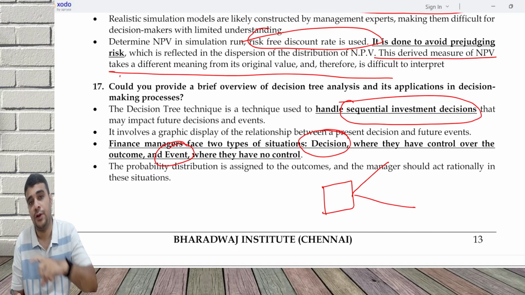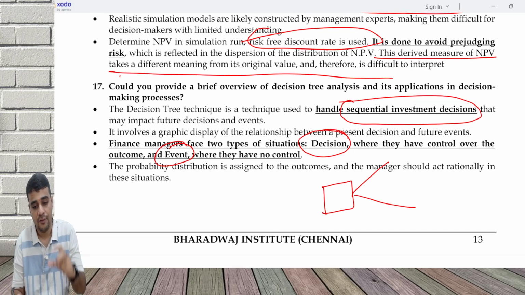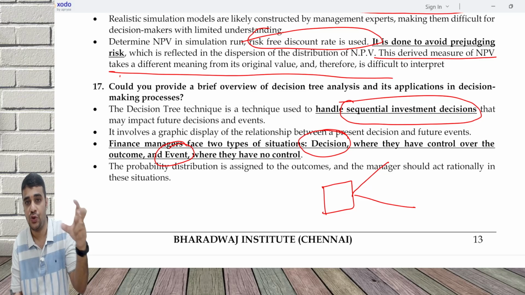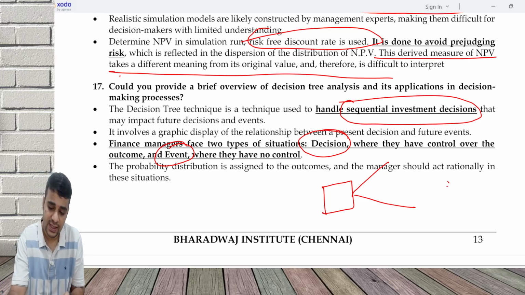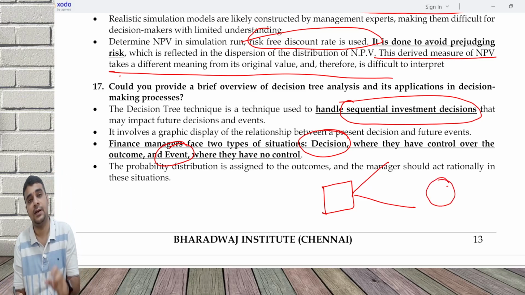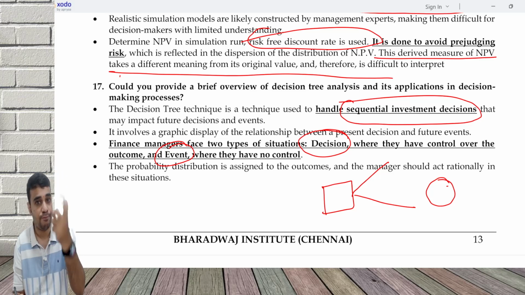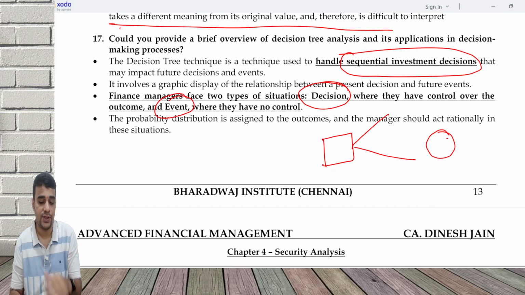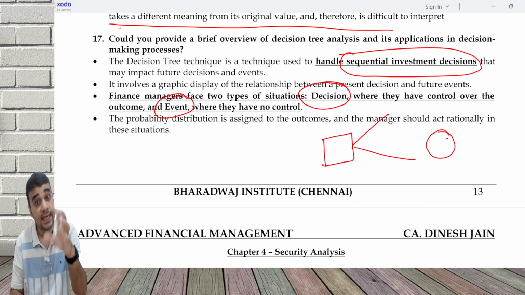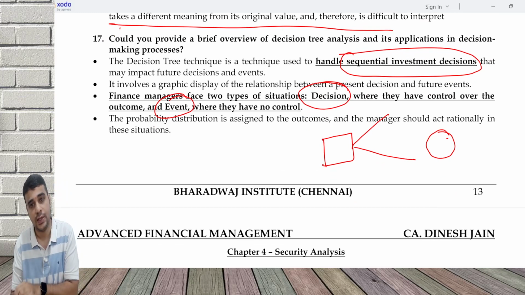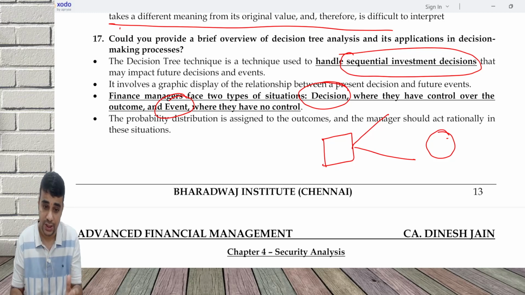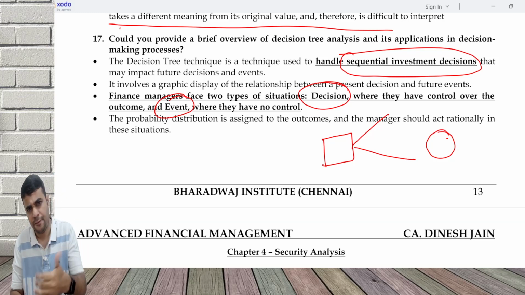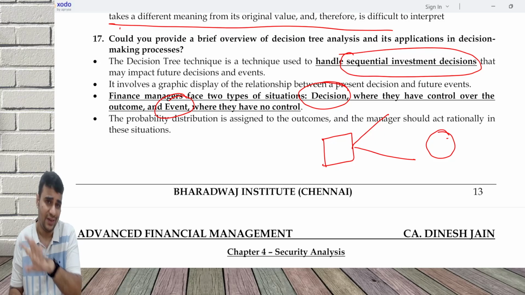We take the higher of the values, because you can decide in which branch you want to travel. Whereas an event is denoted by a circle where the branches have probabilities, and we take a weighted average. So this is very useful for sequential decision making. Can I do it without a decision tree? Yes, it is possible, but it becomes difficult to work without a decision tree.